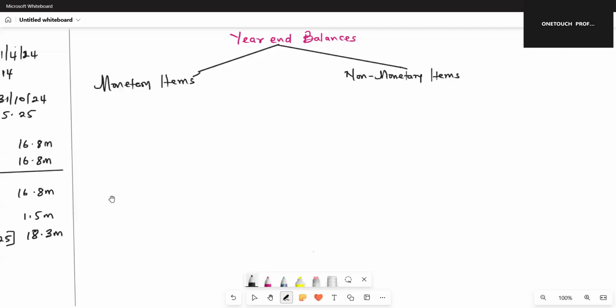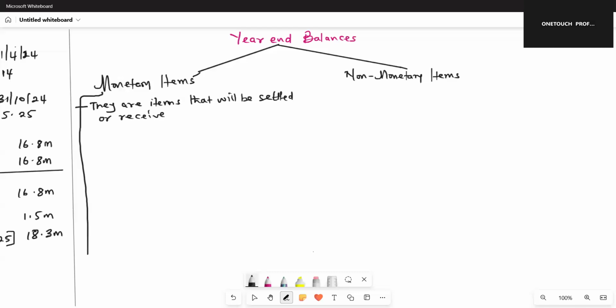When we say monetary items, they are items that will be settled or received in a foreign currency at a determinable future date.